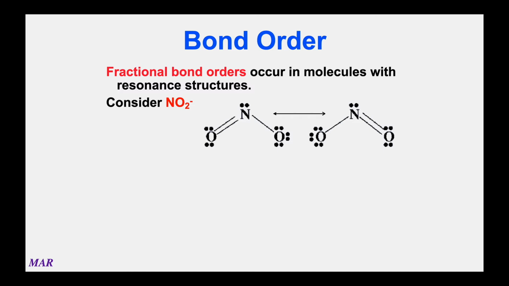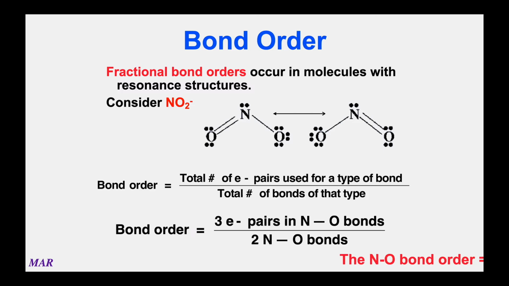This is diamagnetic, everything is paired, but you can see there's a choice where the double bond goes. It could go on the left or it could go on the right. So for bond order for resonating forms, you take the total number of electron pairs used in that resonating bond, and you divide them by the number of places they can go. Whether you use the left or the right, there's a total of 1, 2, 3 bonds.